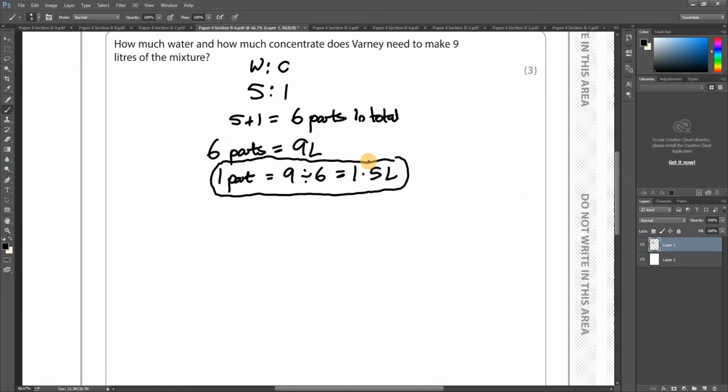So for water, let's do one step at a time. Water has got 5 parts. So that's going to be 5 times what 1 part is. Let's work it out on the calculator. 1.5 times 5 is 7.5 litres. There's your first answer.